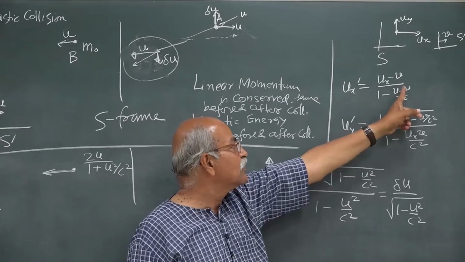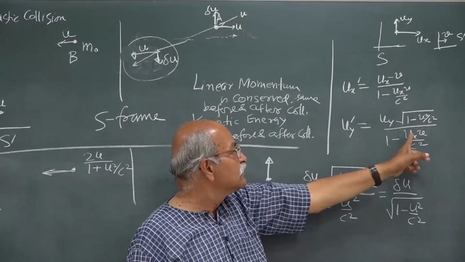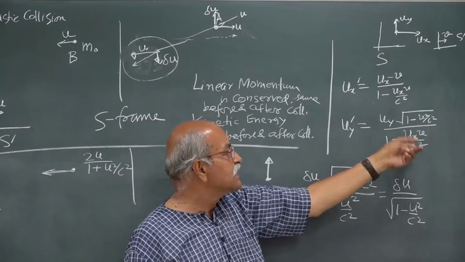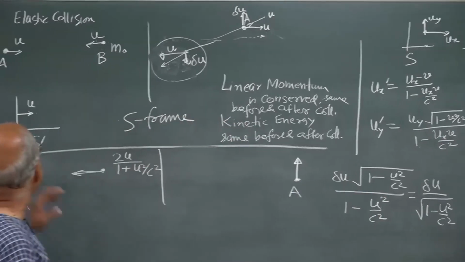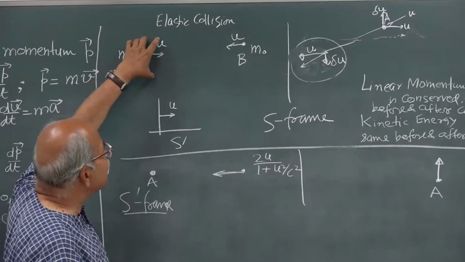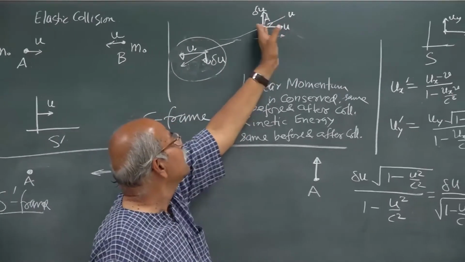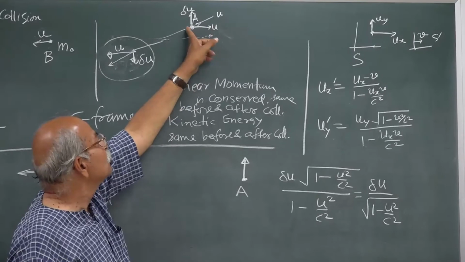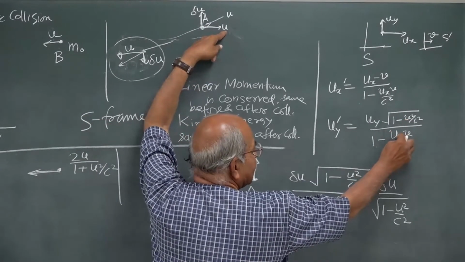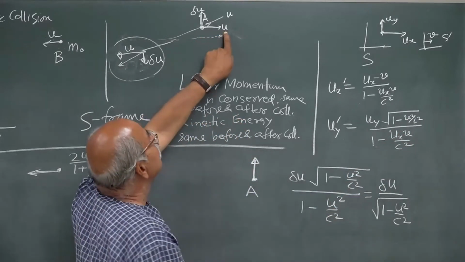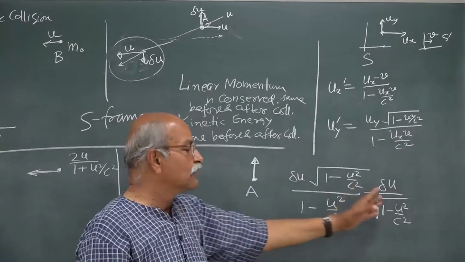V is the frame velocity, the frame speed, and ux is the component of velocity in the S frame, in the x direction. So for ux you write u, and v is the frame velocity, which is also u, and therefore it is this.